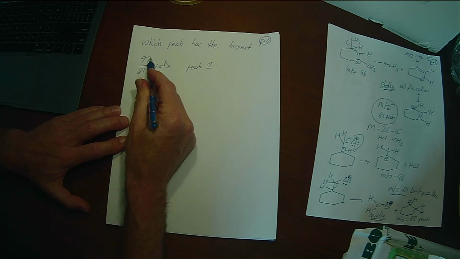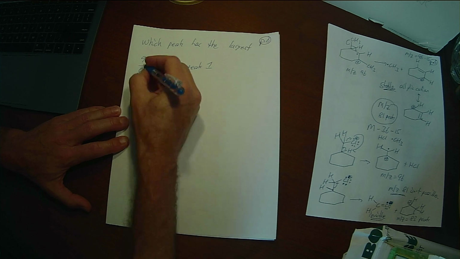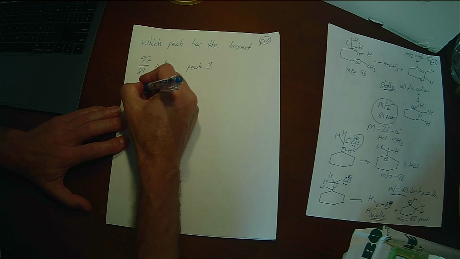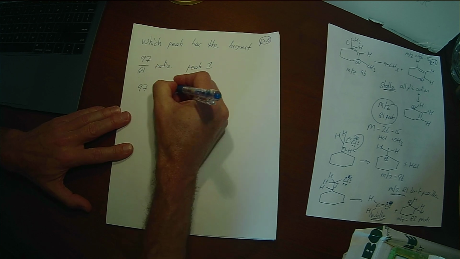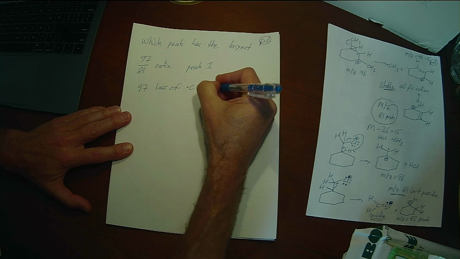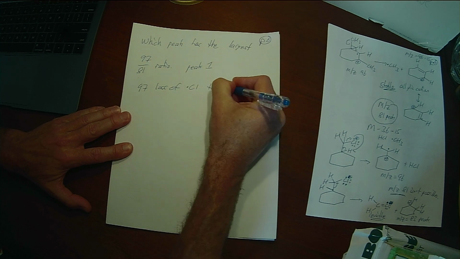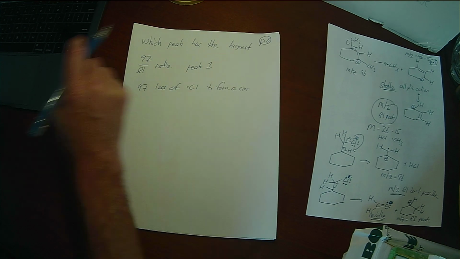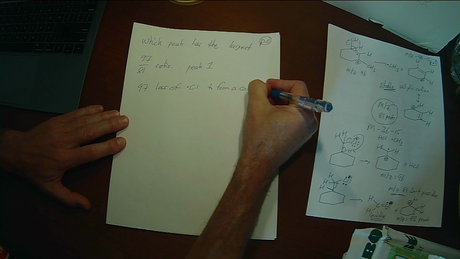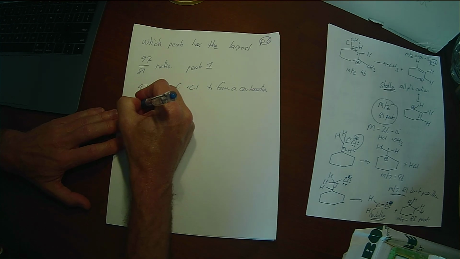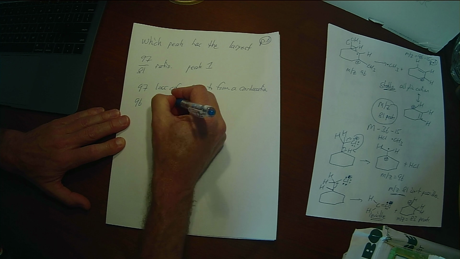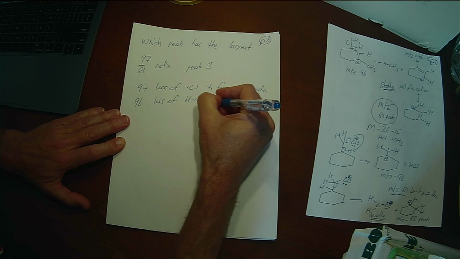Right, so what we're looking at when we see that 97 over 81 ratio is we're looking at 97, which is loss of chlorine radical to form a carbocation. And at 96, we're seeing loss of HCl to form a radical cation.